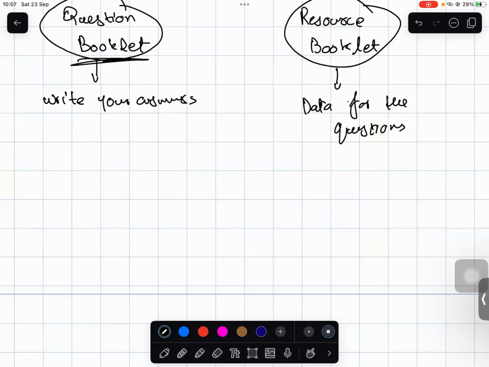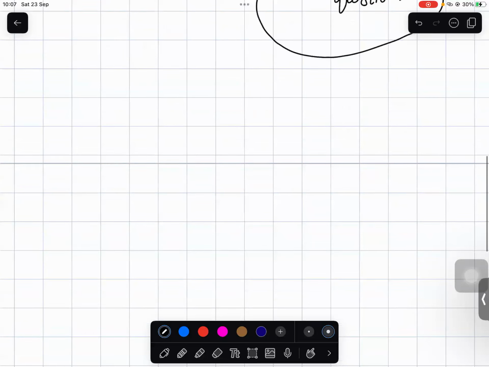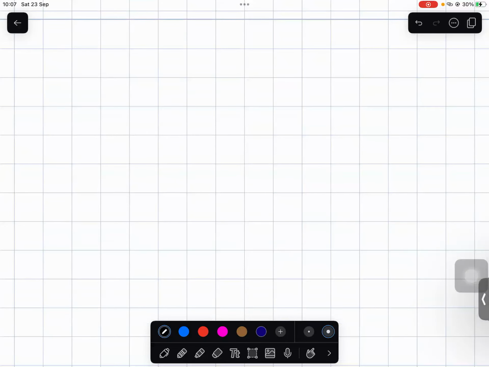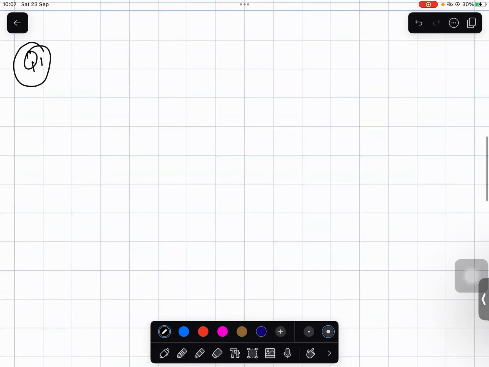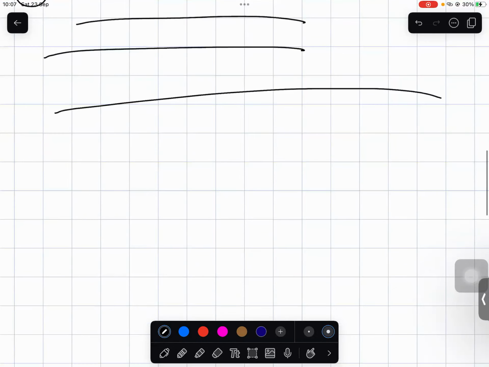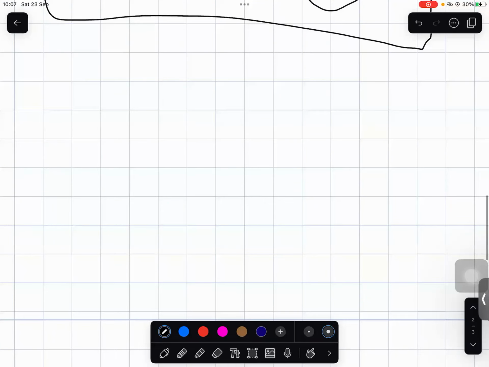Whereas the data required to solve those questions, you will find in your resource booklet. Is that clear? Yeah. And so basically, the resource booklet will just be written words. In the question booklet, you will have a question, and then you will have some empty space underneath the question where you will have to do all your working and show the answer. So this would be the pattern.